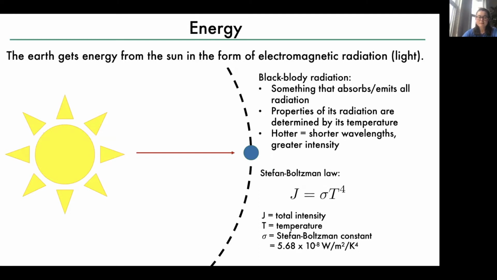There's a relationship between temperature and intensity that we can describe using this equation here, the Stefan-Boltzmann law. This tells us that the total intensity of a black body is related to its temperature to the fourth power by the Stefan-Boltzmann constant.